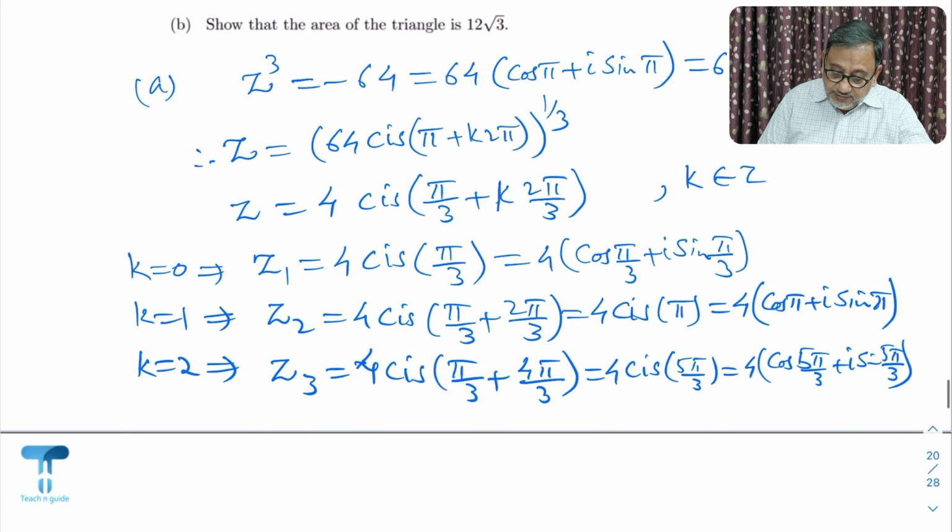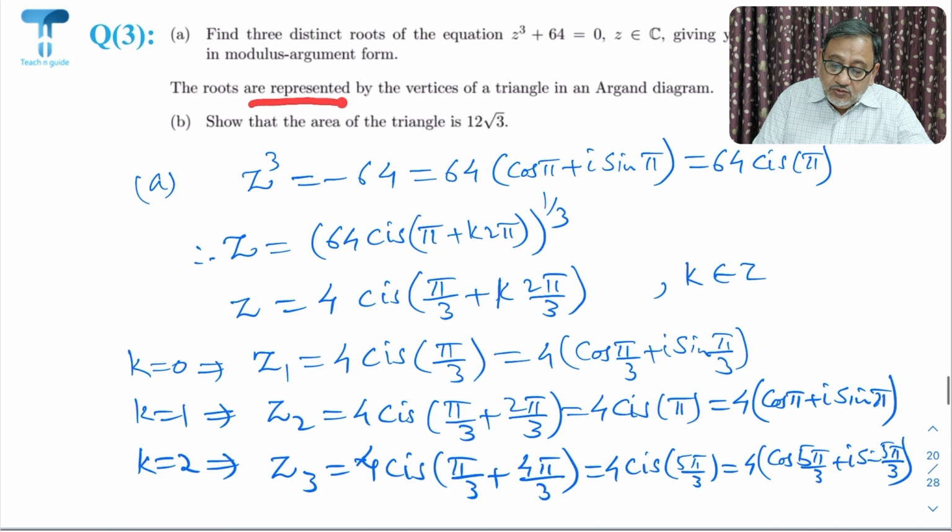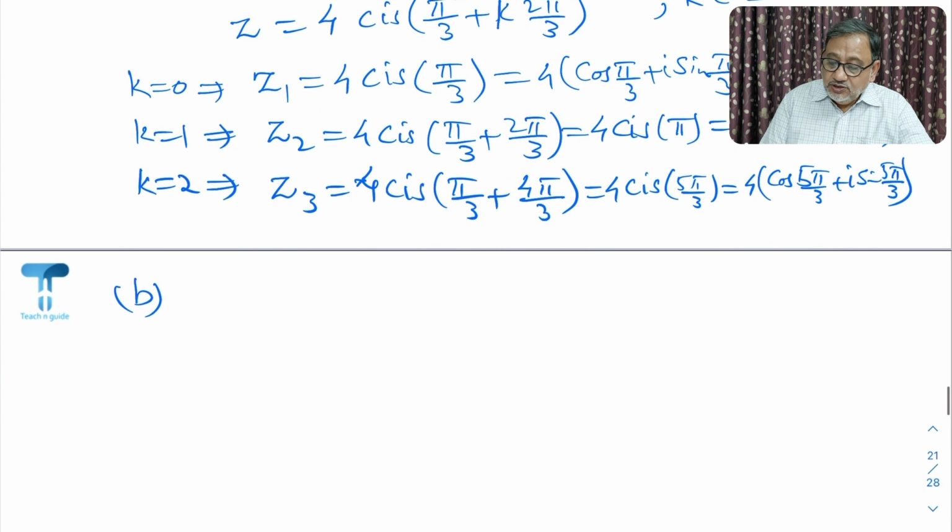Now B part. What they said in the B part? The roots are represented by the vertices of a triangle in an Argand diagram. Show that the area of the triangle is 12 root 3. So look here, we already have the 3 roots.